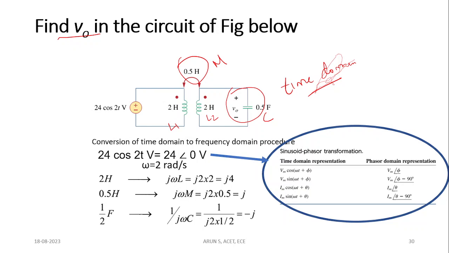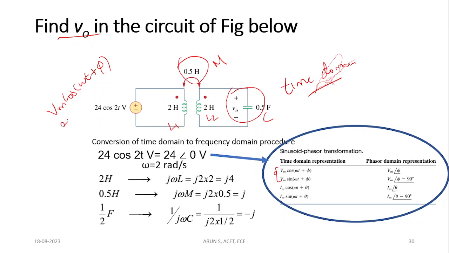We need to know this particular table. If you don't know this, kindly write it down. You need to know any two of these so that we can write all the possible values. Vm cos(omega t plus phi) is the general form.